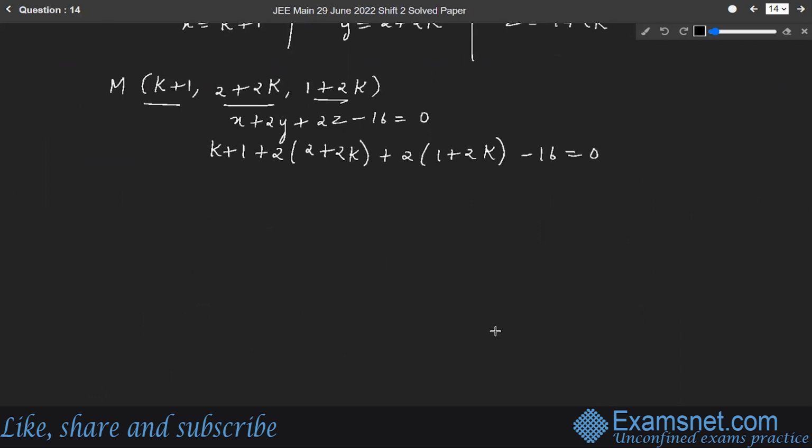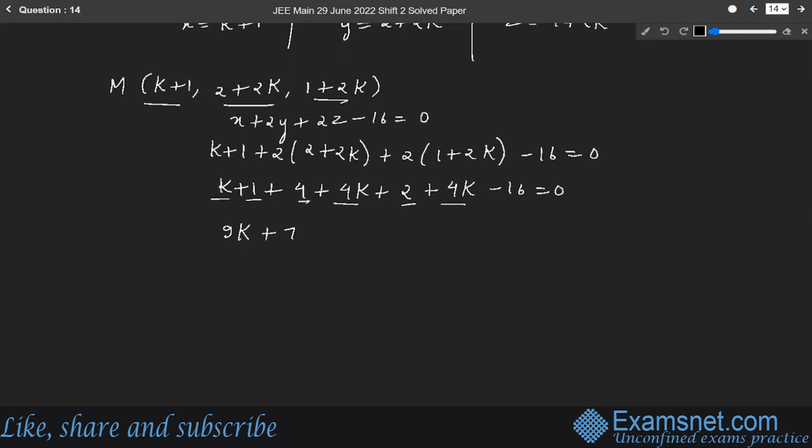Now we have to simply solve it. So k + 1 + 2 into 2 is 4, plus 2 into 2k is 4k, plus 2 into 1 is again 2, plus 2 into 2k will be 4k, minus 16 is equal to 0, right? Now adding the terms of k: k + 4k + 4k, 4 plus 4 is 8, 8 plus 1 is 9, so 9k. 1 + 4 is 5, 5 + 2 is 7. 7 minus 16, right?